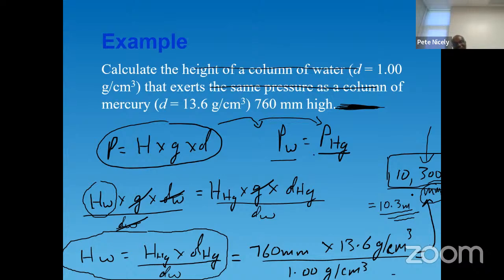And just in case you don't know what 10.3 meters looks like, I know one of you guys has met me before, and you'll know that my height is just under 6'5". 6'5" is just about 2 meters, slightly less than 2 meters, right? Now, the tube that would be required for water would be 5 times my height, in other words, all right? And as you can imagine, that would be very inconvenient in terms of being a useful instrument for measuring atmospheric pressure.